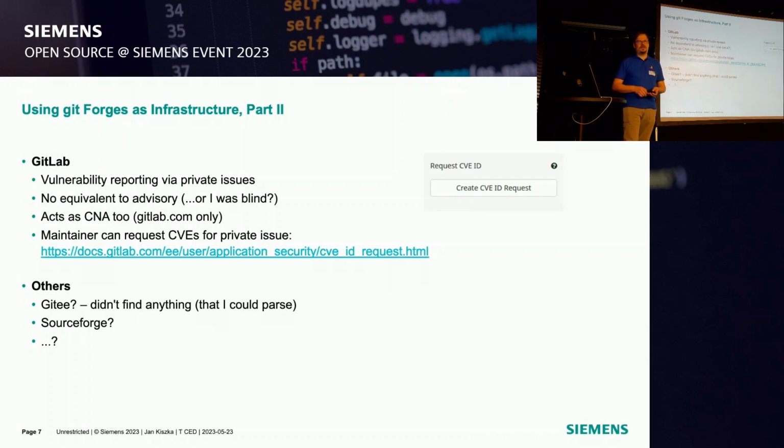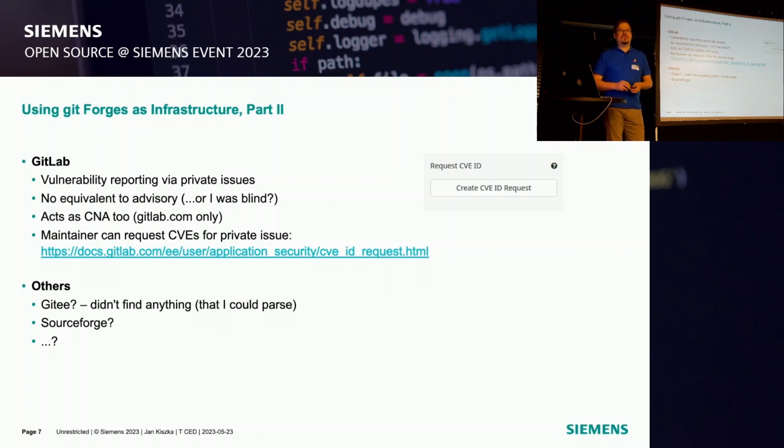I looked a little bit further, but maybe other information for other forges is still out there. The Gitee one, the Chinese one, I didn't find anything, but maybe I just couldn't parse the language. SourceForge, I don't know, still exists. Maybe others have the same.